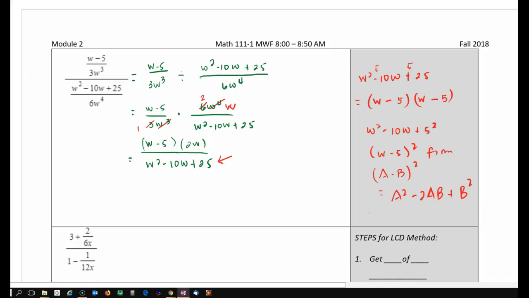So in this case, the a was w and the b was 5. So now, writing out in factored form, we will be able to cancel common factors. So the reduced form is 2w over w minus 5.